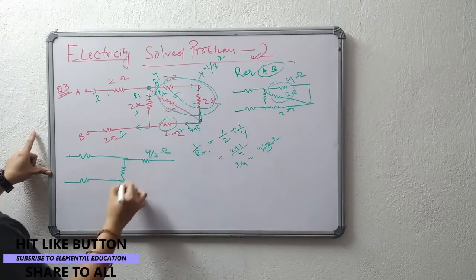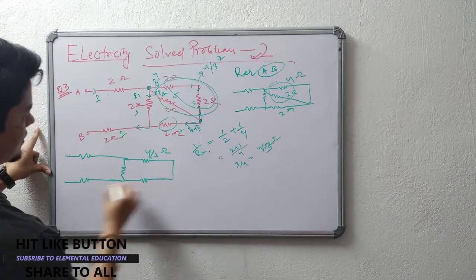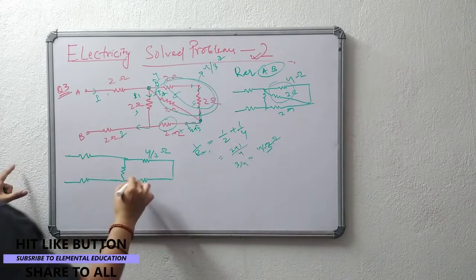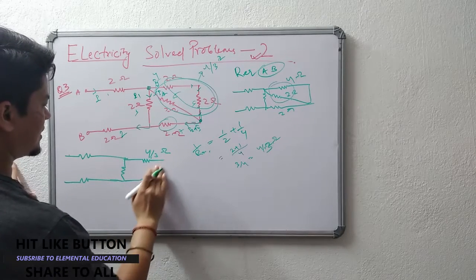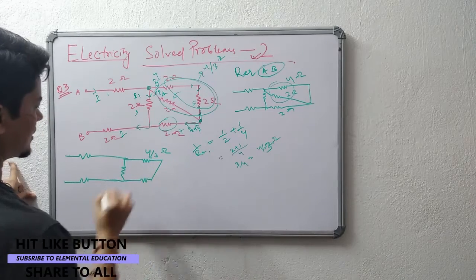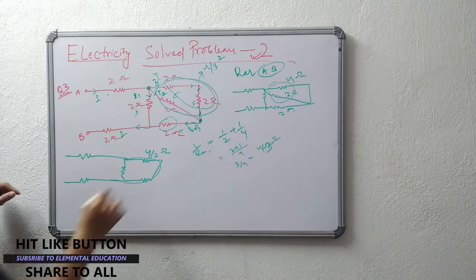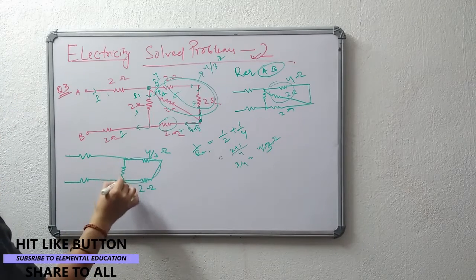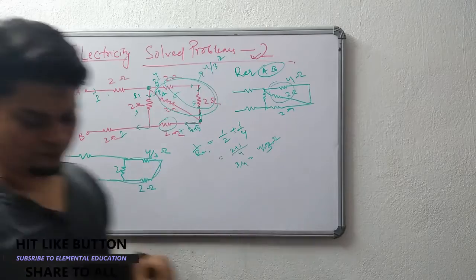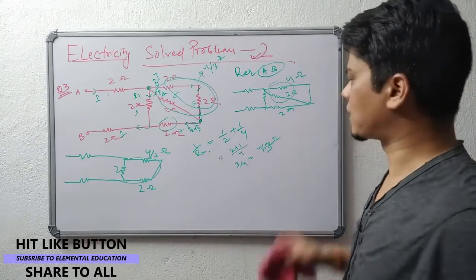Now see, it is quite easy. If I connect like this, 4 by 3 with 2 ohm is in series but parallel with this 2 ohm. Always we have to reduce the circuit whenever we are moving forward.